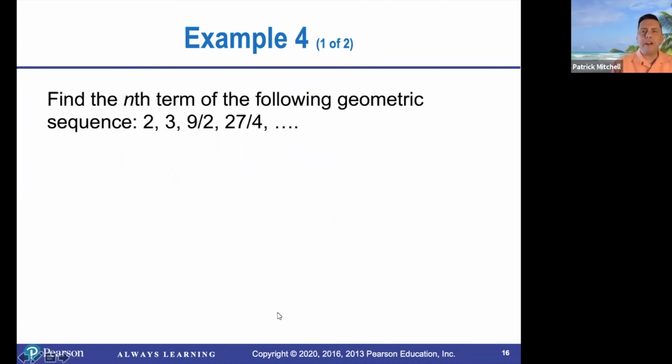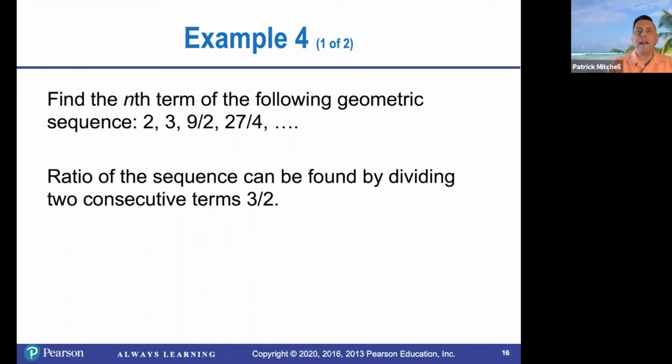All right, geometric sequences. Now they want me to find the nth term of this geometric sequence, which starts off 2, 3, 9 halves, 27 fourths. So remember that in a geometric sequence, to get from one term to the next, you're always multiplying by the same number.